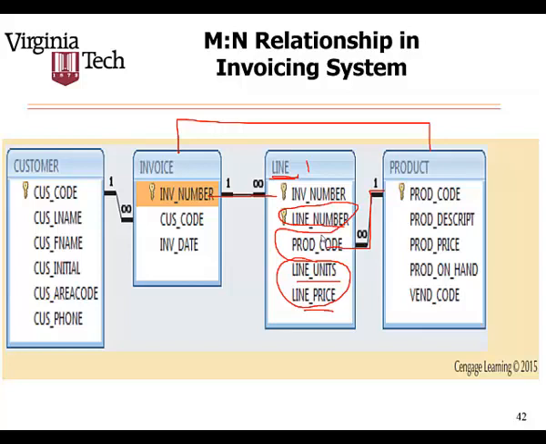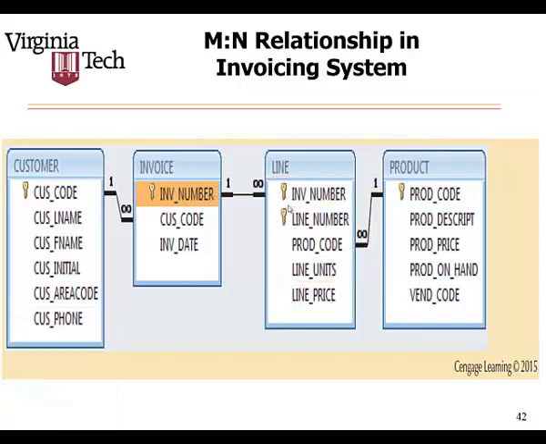Whenever you see a many-to-many and you're looking to decompose it into a new entity and two one-to-manys, be aware that there are likely going to be more attributes than just the two primary keys. But those are the really important parts. Product code, because one instance of product sells many invoice lines, and one instance of invoice has many invoice lines.